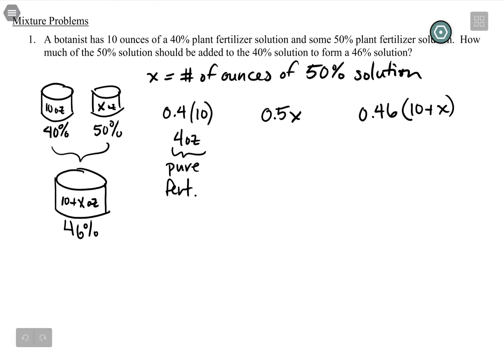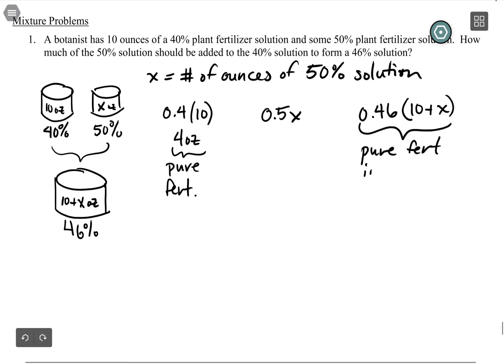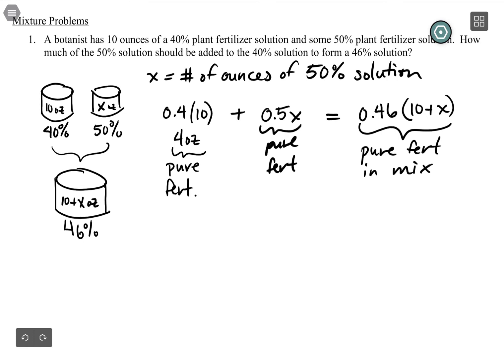So what our equation tells us is that 46% of 10 plus x, this is the amount of pure fertilizer in the final mix, has to come from the fertilizer from the 40% and the fertilizer from the 50% solutions. So basically, if we take the 4 ounces of pure fertilizer from the 40% and the 0.5x ounces of pure fertilizer from the 50%, we have to get that total amount of pure fertilizer in the mixture.